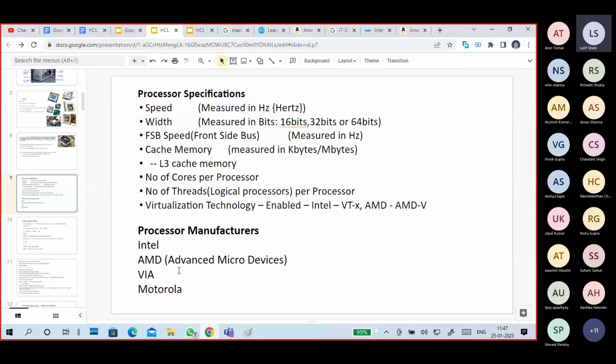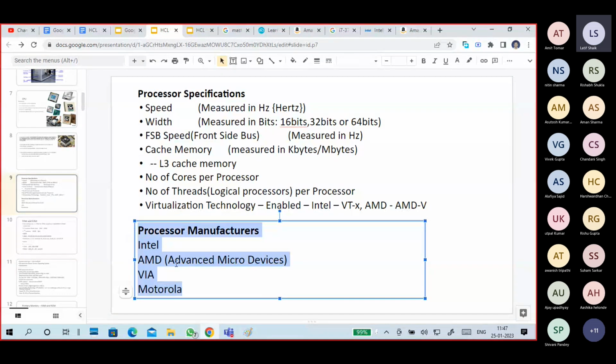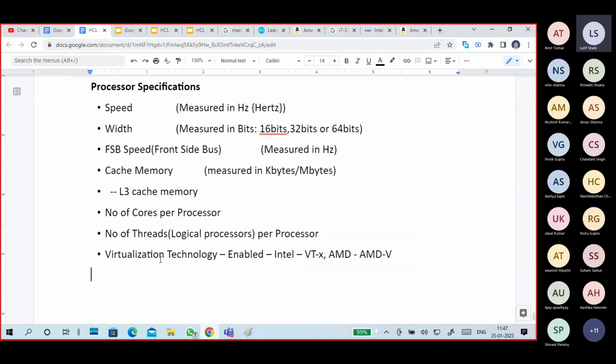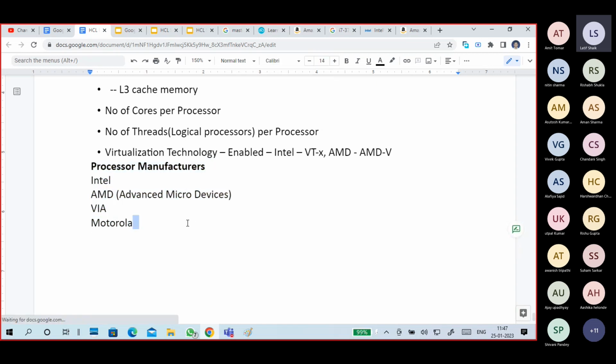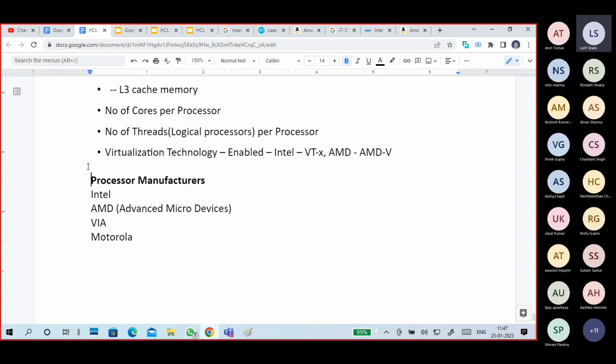Of course, different manufacturers of processors are there. Normally for desktops and laptops, we use Intel or AMD. Both are available in the market, Intel and AMD. Of course, in olden days we had VIA, Motorola, some other things also, but stabilized in the market is Intel and AMD.